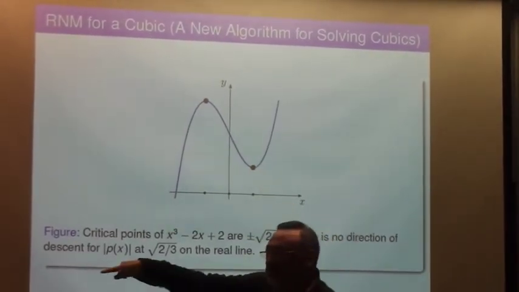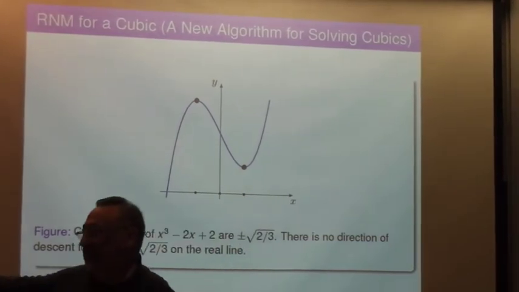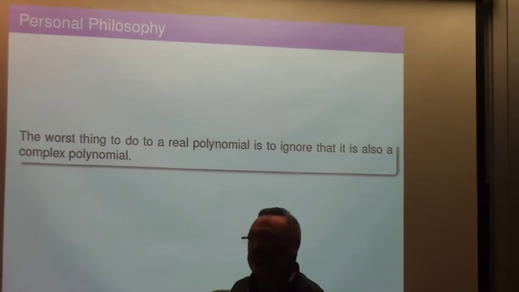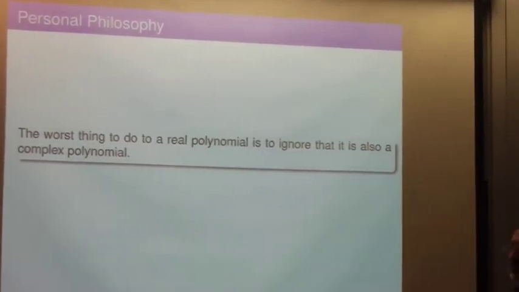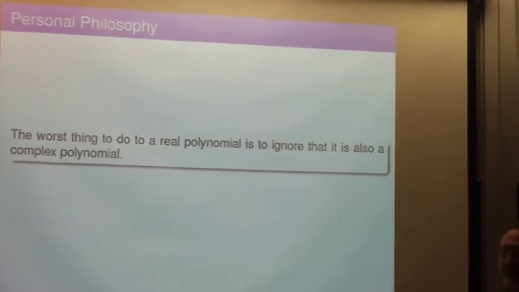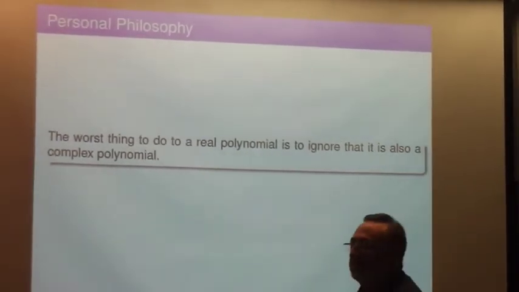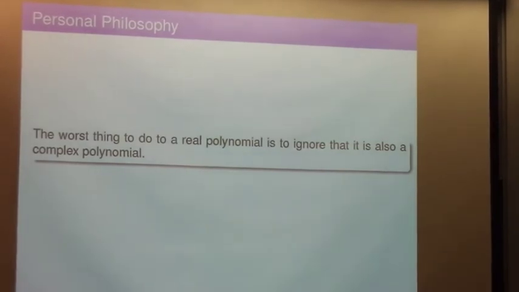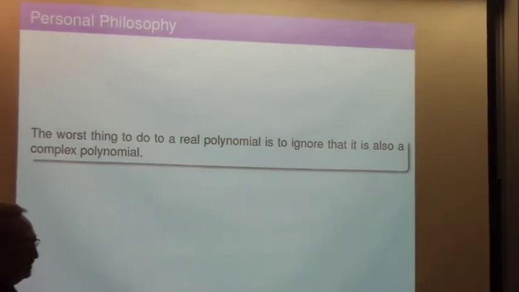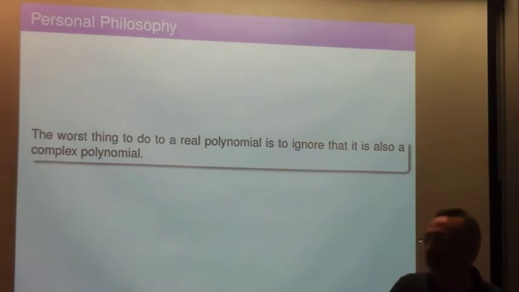Literally, I have to go off the board, into the complex direction to be able to do that. So as a general philosophy, I want to say this. I think if you teach numerical analysis and don't mention complex polynomials, you are not really appreciating polynomials.